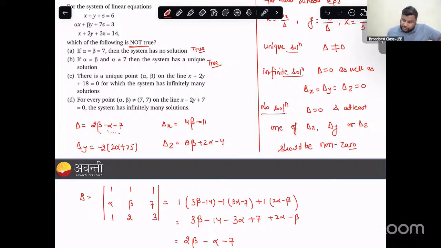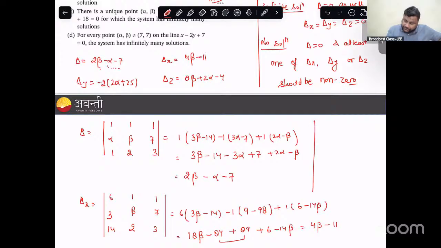For infinite solution, beta should be 11 by 4, alpha should be minus 25 by 2.